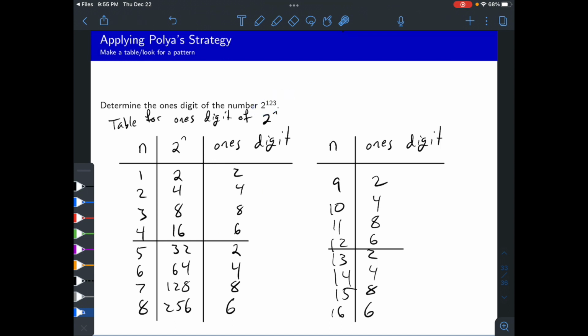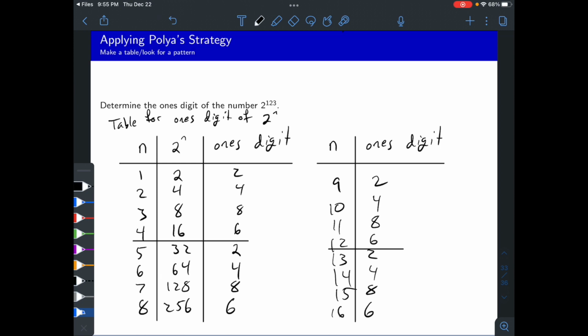All right, well, what about 2 to the 123? Well, we just have to figure out where 123 would lie in this table. And every 4, it's going to repeat. Let's see, how do I explain this?